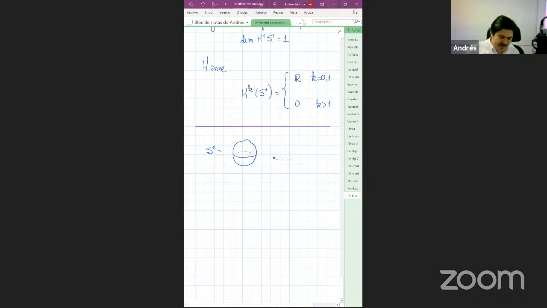But let's take a cap that goes a little bit beyond the equator, and the same down.